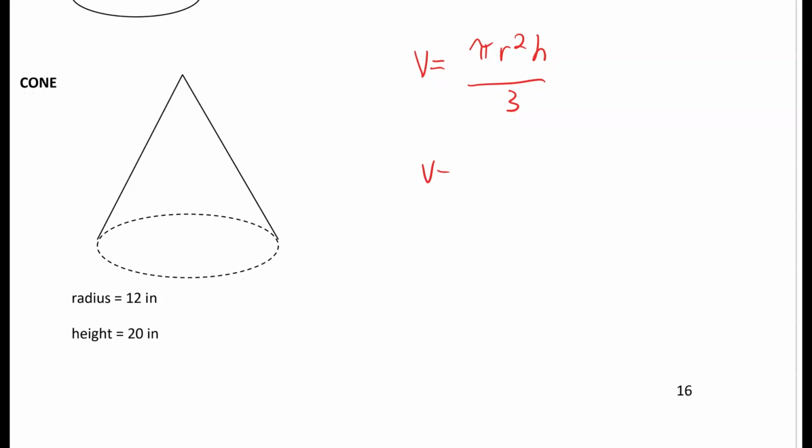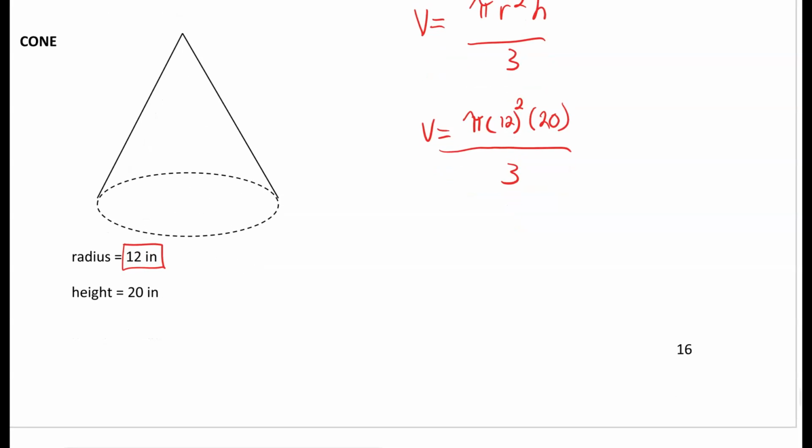So volume equals pi multiplied by a radius, which is 12. So our radius is 12 inches. So 12 squared, and then multiplied by our height, which is 20. Close that bracket, and we're dividing it by 3. I'm going to first work all the numbers on the top, so the pi r squared multiplied by height, and then I'll divide it by 3.